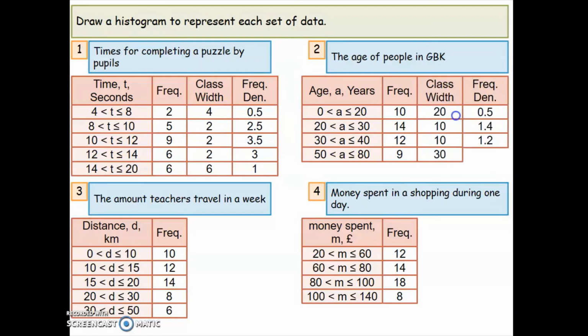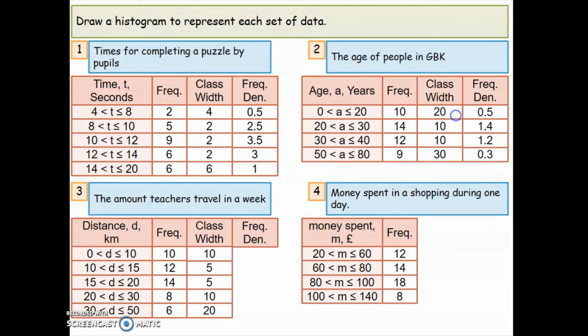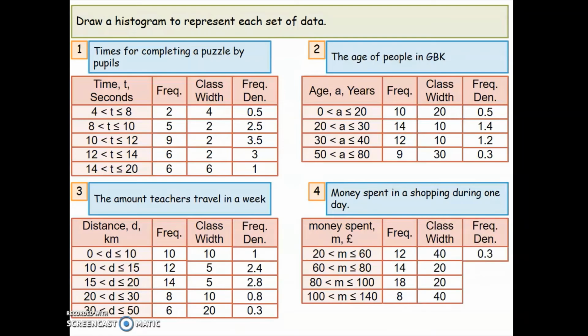Again, I've continued that with question 2 and 3. So please just be double checking your work, your answers, making sure your 3rd column and 4th column look very similar or look exactly like the columns on the screen.